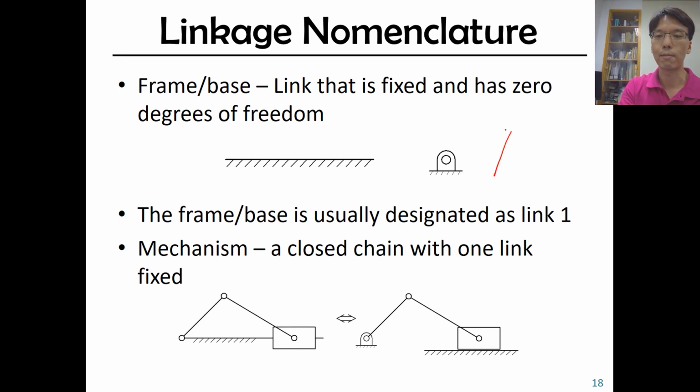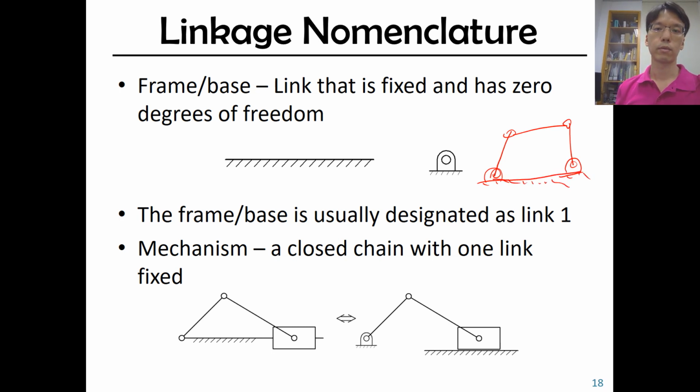In a 4-bar mechanism, we always need to fix one link, which is the bottom one. So the frame or the base is basically this one. It is fixed and it has no degree of freedom. It is unable to move.